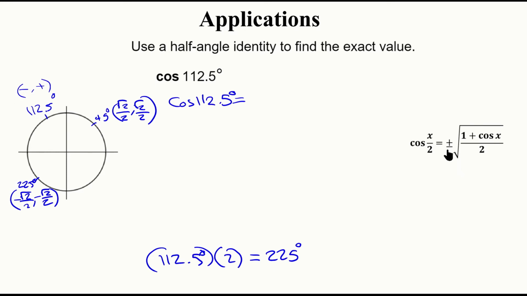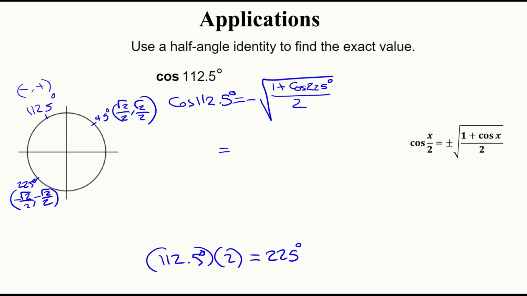So when we apply this formula, we'll take the negative option. So negative square root of 1 plus cosine of x, which of course will be twice that, which will be 225. So 225 degrees over 2.